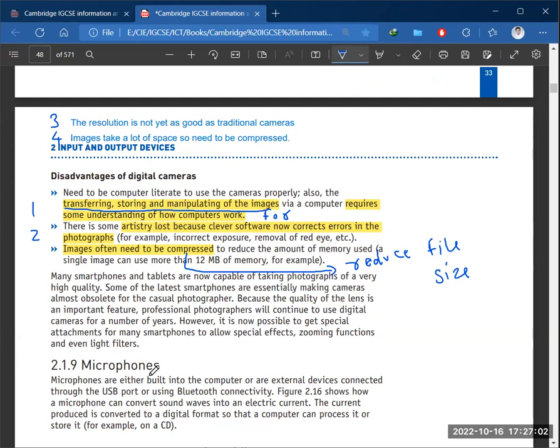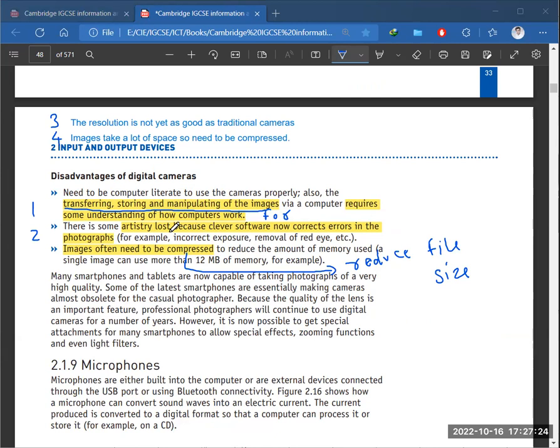Now, what is the meaning of artistry? What do they mean here? Look, Zara, if they are taking images and you want some shadow to be there, if you want it to not be perfect, sometimes the artist wants to make some kind of image.